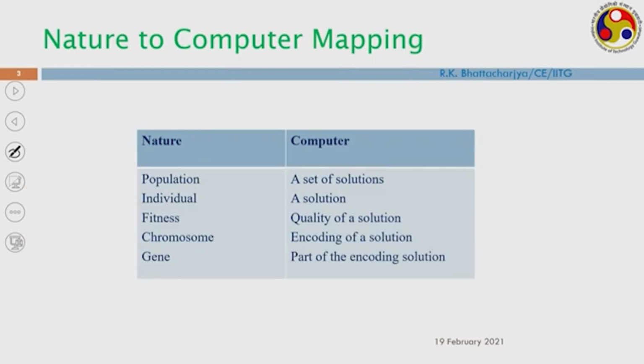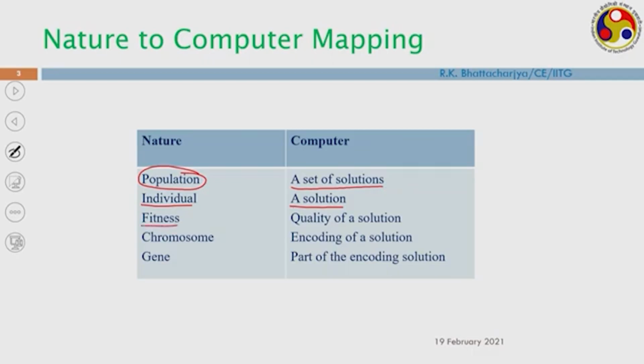If I compare the nature to the computer mapping. So, in nature, we are using this nomenclature. Suppose we are using population. What is population? Population is nothing but a set of solutions. Then individual, this is a solution. Okay. So, in a set of solutions, this is a solution and we call it individual here, and in computer we call it a solution.